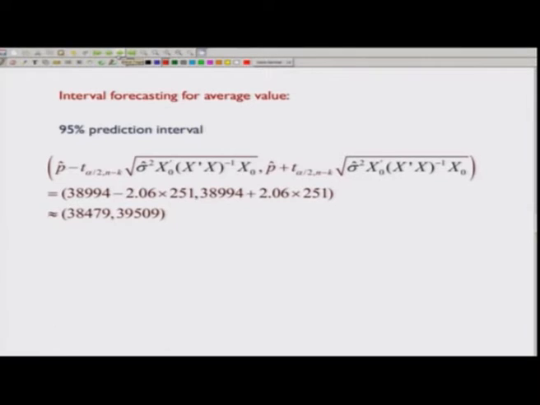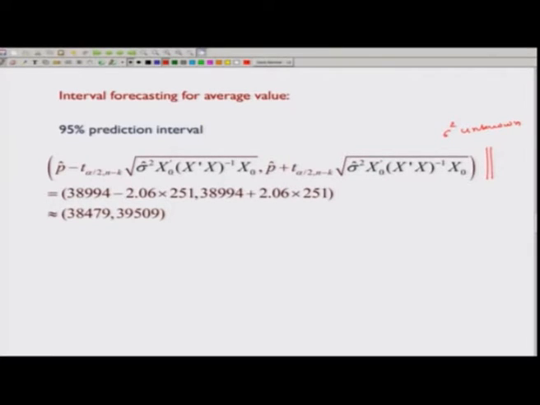Now we try to find the 95% prediction interval. You may recall that we had derived the prediction interval for the case where sigma square is unknown like this. Obviously, here we are estimating sigma square from the given set of data as sigma square hat, so we are going to use this expression.